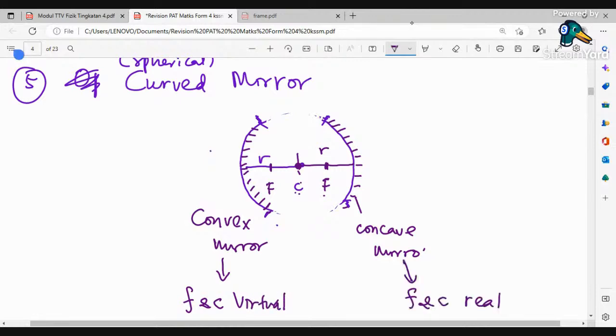Okay, kenapa? Sebab mirror apply concept of reflection. Okay, if you put a screen for mirror, you put in front of the mirror, not behind. Sama juga macam you must stand in front of the mirror, then only you can see your image. You cannot stand behind the mirror. Okay, itu maksud di sini ya.